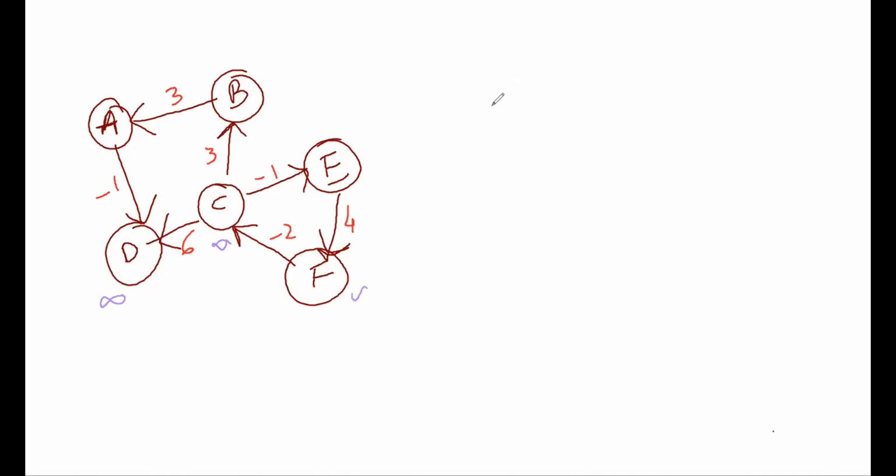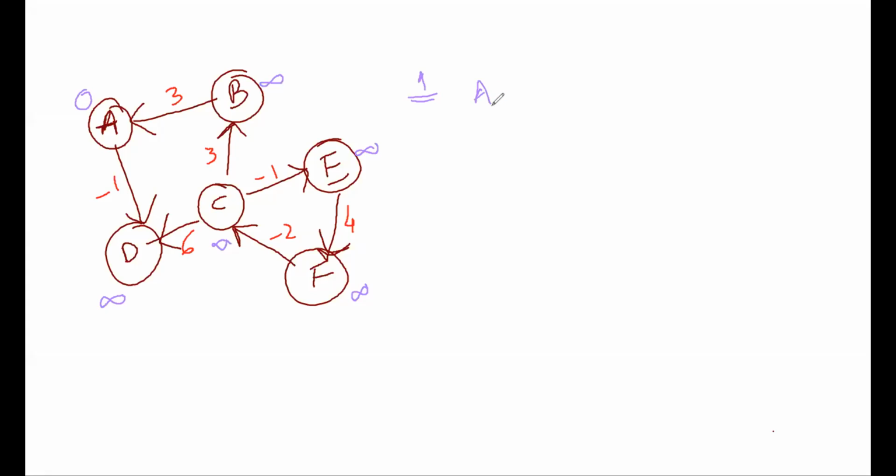Let's mark the initial values of the distances. A is my source. So now you will take every edge in the first round. I'll have 6 rounds. So in the first round, you have to take all the edges. Let me just write down all the edges.